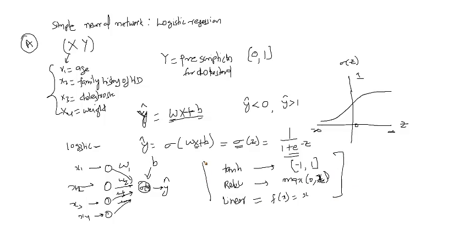But let's go back to our logistic regression and see how we compute the weights. Our goal is to find w comma b such that y hat minus y is minimum for all training examples.